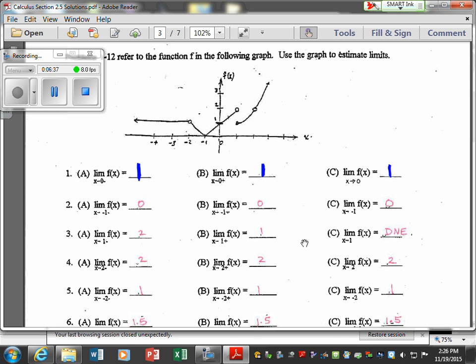Let's do 3. As x approaches 1 from the left, so let's head towards 1, and that's 2. Let's approach 1 from the right. Where does that have us at?